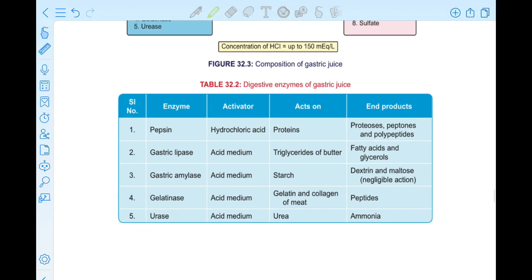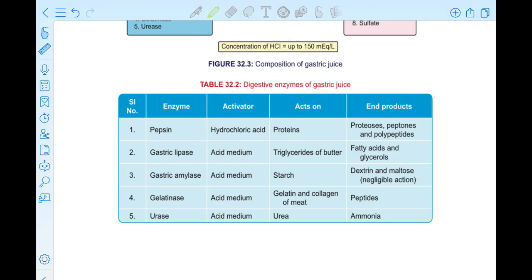So coming back to the digestive enzymes of the gastric juice, first we have pepsin. Pepsin acts on proteins and the end products are proteoses, peptones and polypeptides. So pepsin will break down proteins into proteoses, peptones and polypeptides in the presence of hydrochloric acid. Gastric lipase. Lipase means lipid splitting or lipid breaking.